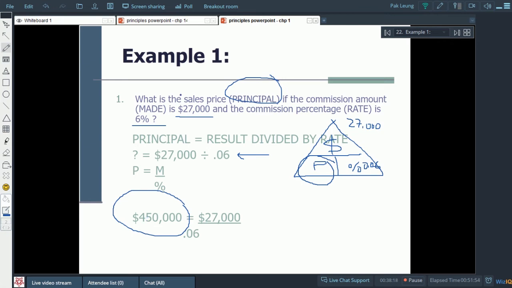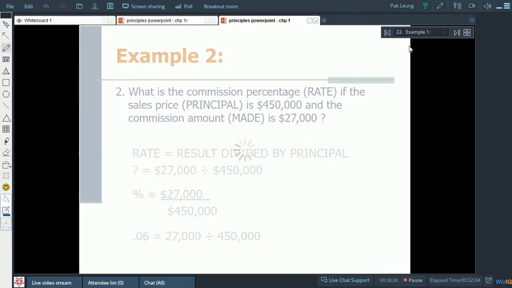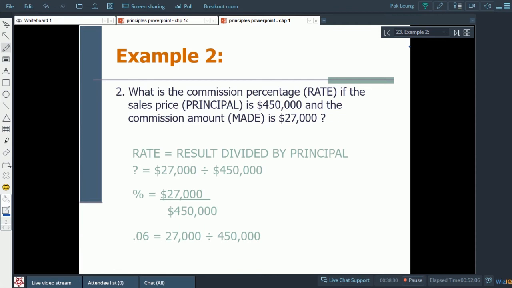That's the house that you sold. 所以呢，27,000 除6%，你有45万. 你卖这个房子是45万，人家给你6% 这个 commission，你就赚到27,000. Very simple, right?